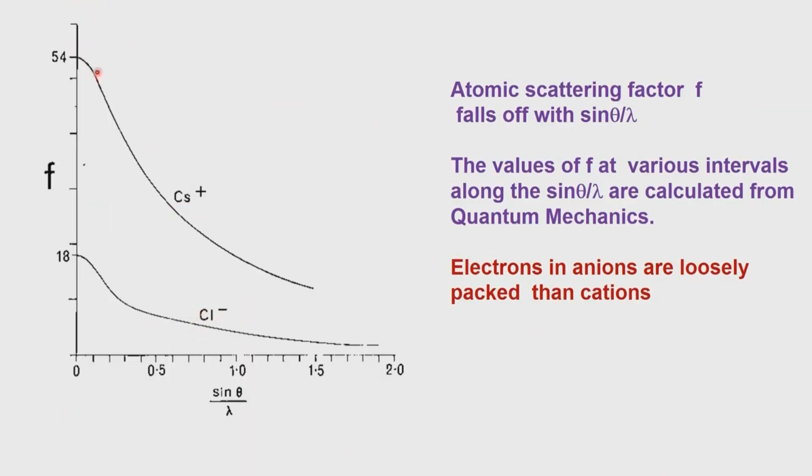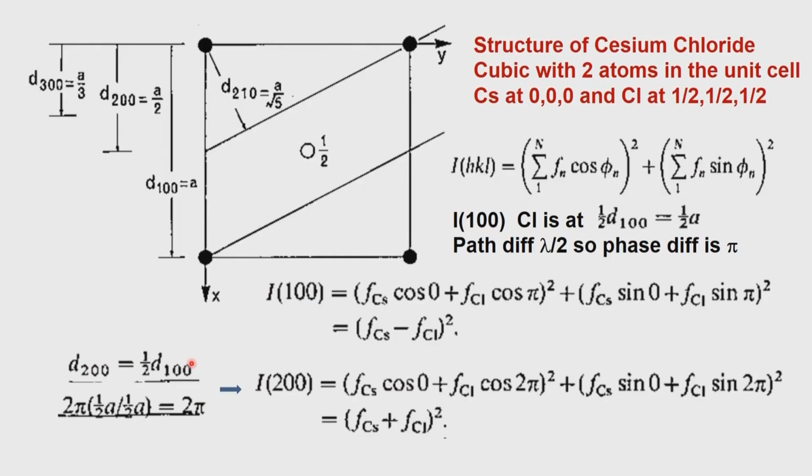So, we can get the value of the atomic scattering factor at whatever be the scattering angle at which we find the diffraction spots. So, individually we can identify what is the contribution of cesium, what is the contribution of chlorine minus.